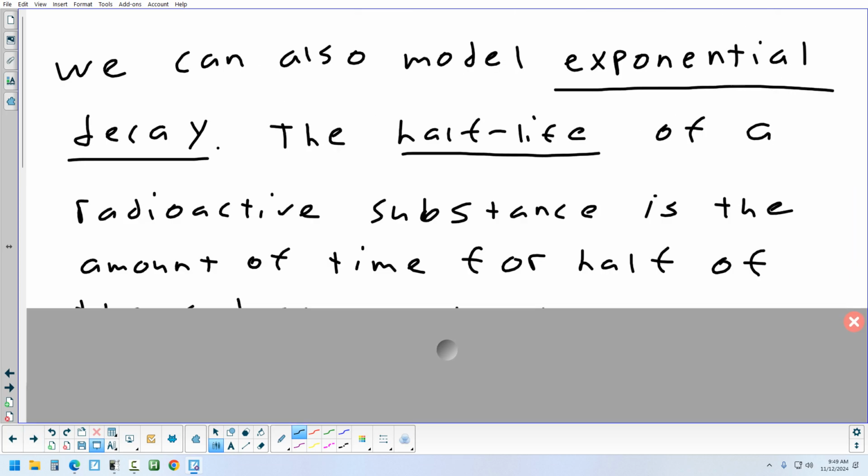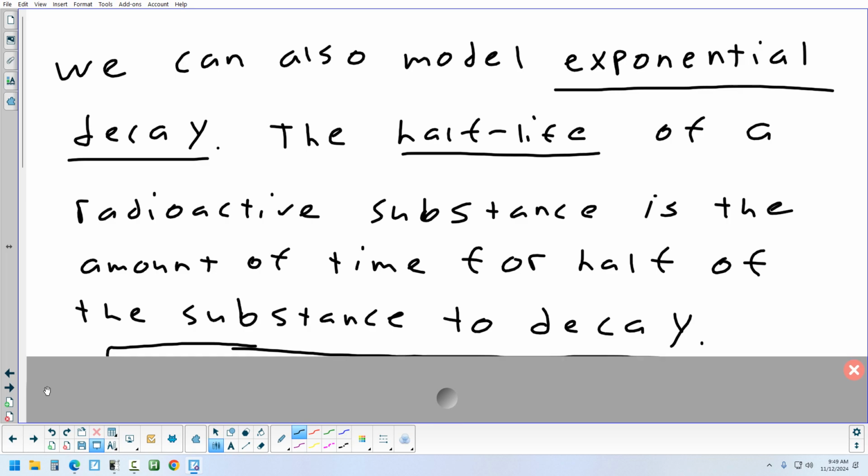The idea for a half-life is it's the amount of time it takes for half of that substance to decay. Usually that's talked about with nuclear material because some nuclear materials have a very long half-life, which means once you create them, you can't get rid of them and they're going to be around for thousands of years. And it's going to take a long time for that substance to decay into something that's safe.